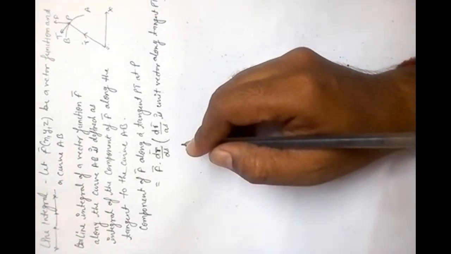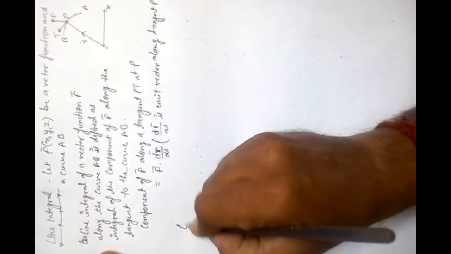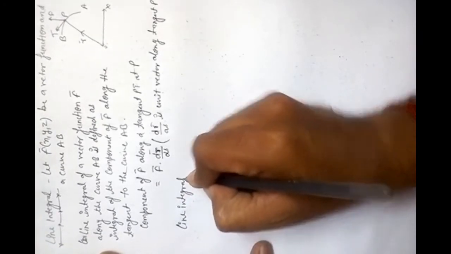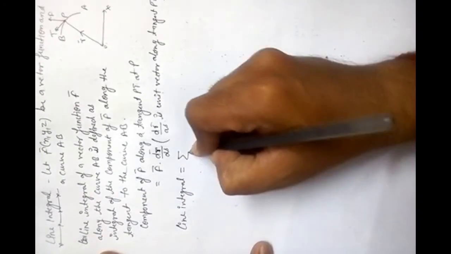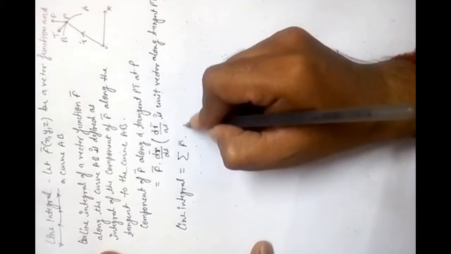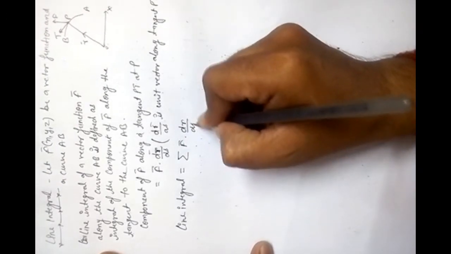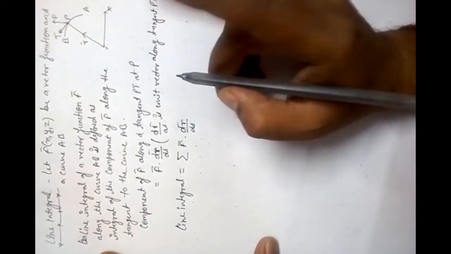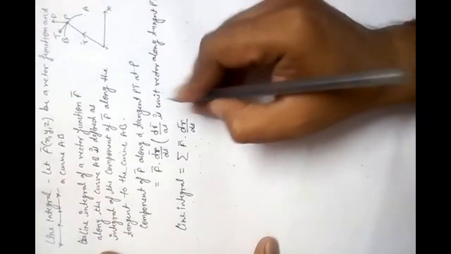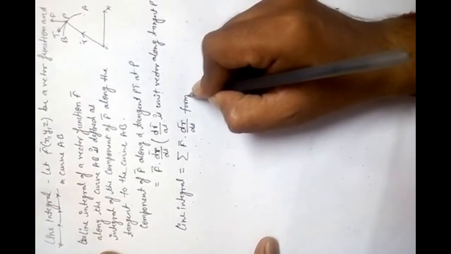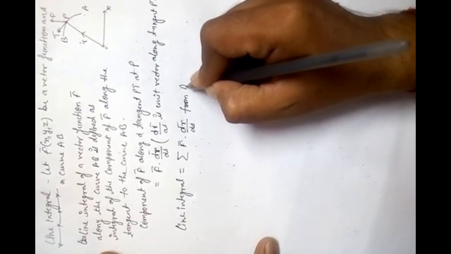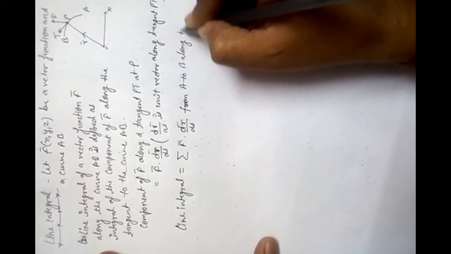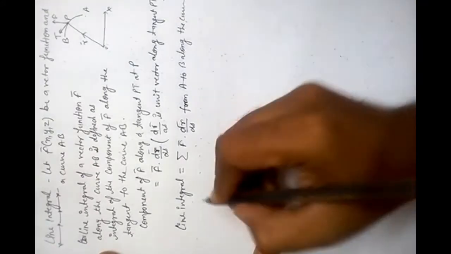Okay, so the line integral is defined as the summation of vector F dot dr upon ds from A to B along the curve.